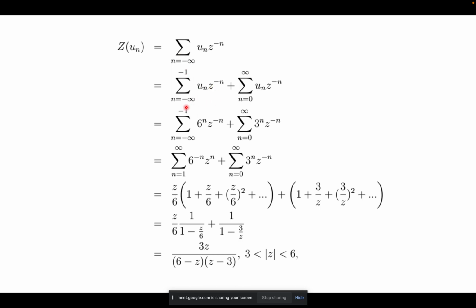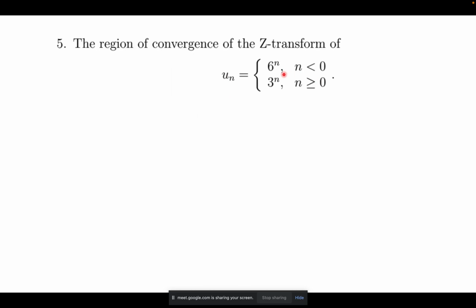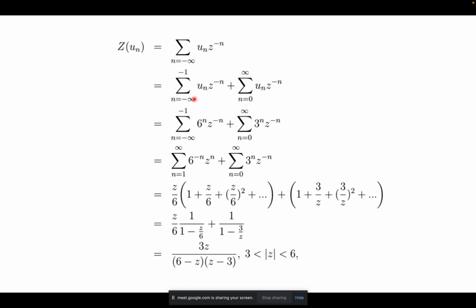Here, for n less than 0, the value of un is 6 power n. The index of summation is from minus infinity to minus 1, so I can replace the sequence un by 6 power n. Similarly, on the right hand side, the index of summation is from n equal to 0 to infinity, so I can replace un by 3 power n.